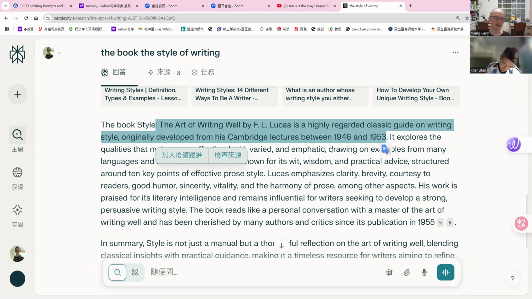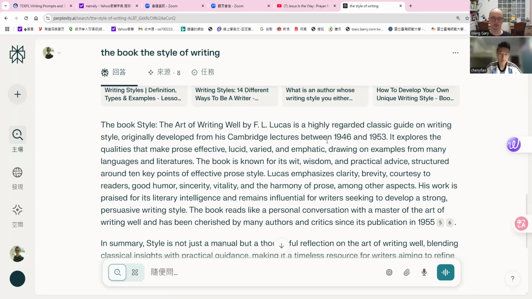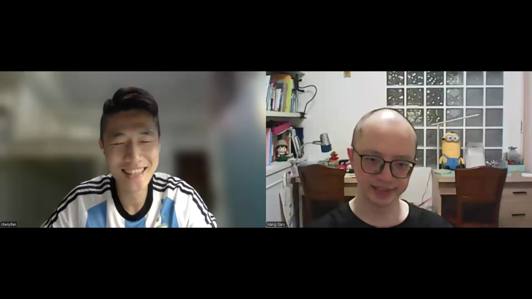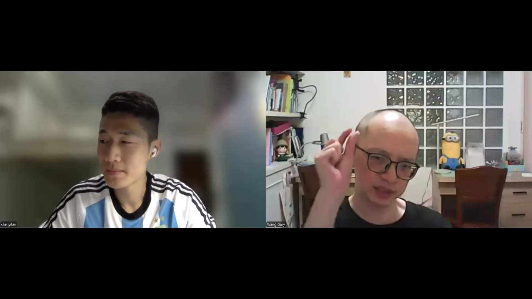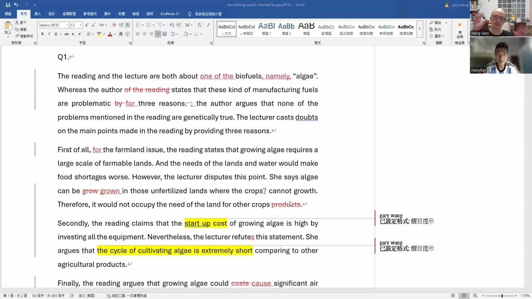So you can see it's a classic English writing book. But don't worry, it's a very thin book. It doesn't have 200, 300 pages. I think it's less than 100 pages, a small book. If you read quickly, you can finish it within a few days.